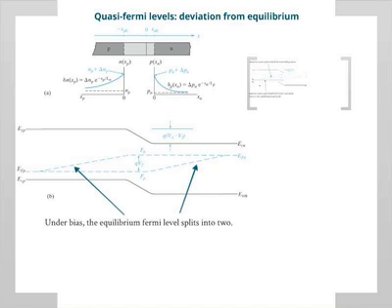Remember, the question was, what does the shape of the Fermi level here look like? Okay. Now recall that the concentration of carriers is proportional to an exponential with a minus sign.